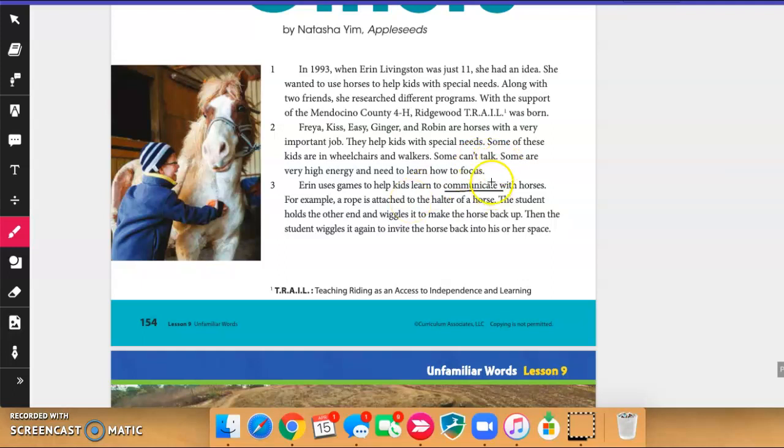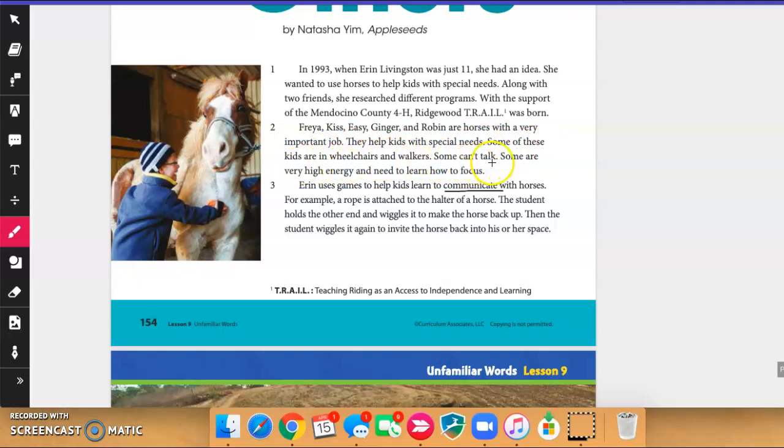And it's important to note that the context clues that are given in paragraph 2 is actually giving you the opposite of what the word communicate means, because it says that Aaron uses games to help kids learn to communicate with horses. But in paragraph 2, it says they help kids with special needs. Some of these kids are in wheelchairs and walkers.